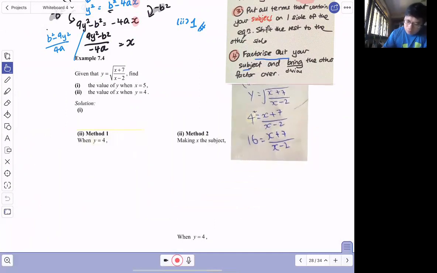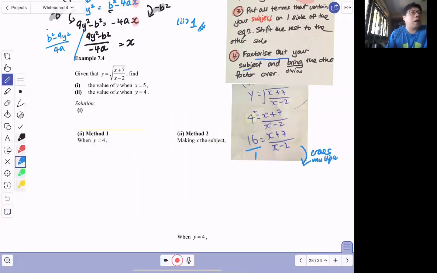You just cross multiply. You take this multiplied by this, and this multiplied by this. So 16 bracket x plus 2 equals minus 2, bracket x plus 7. From there, you should be able to find the answer.